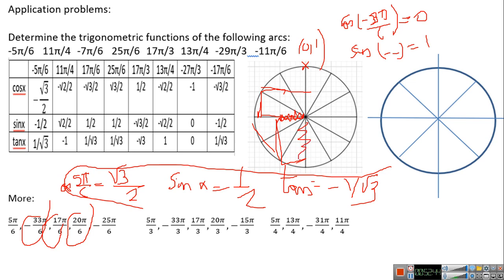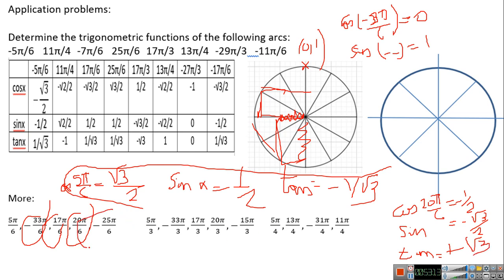The sine is minus radical 3 over 2. If you want to do tangent, tangent is sine over cosine. Minus over minus is positive, so radical 3 is in the numerator, it's radical 3.